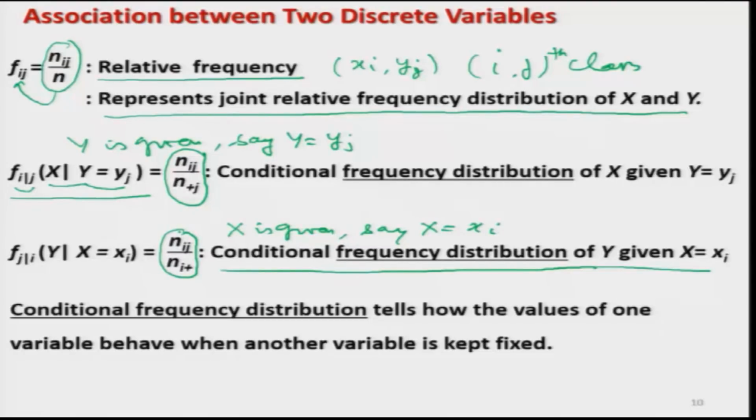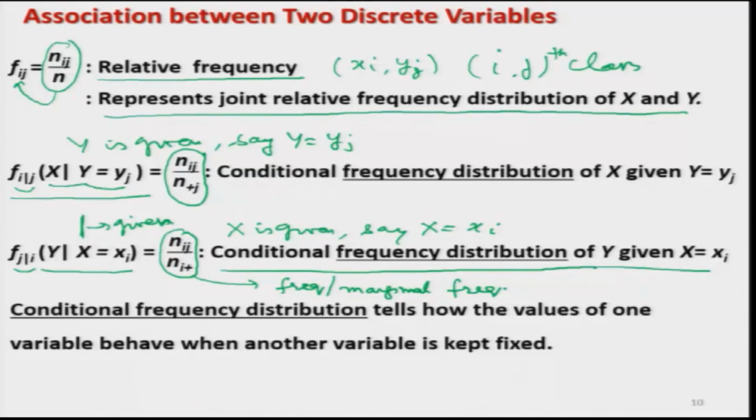So, that is again the ratio of the frequency divided by the marginal frequency, and this is denoted as f of y given x equal to xi, and in the subscript we write j given i. This symbol here, the vertical line, is called 'given'.